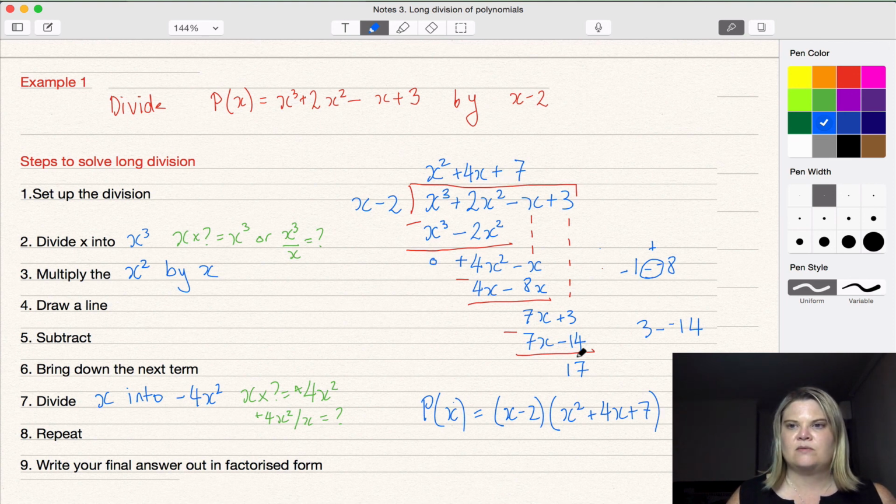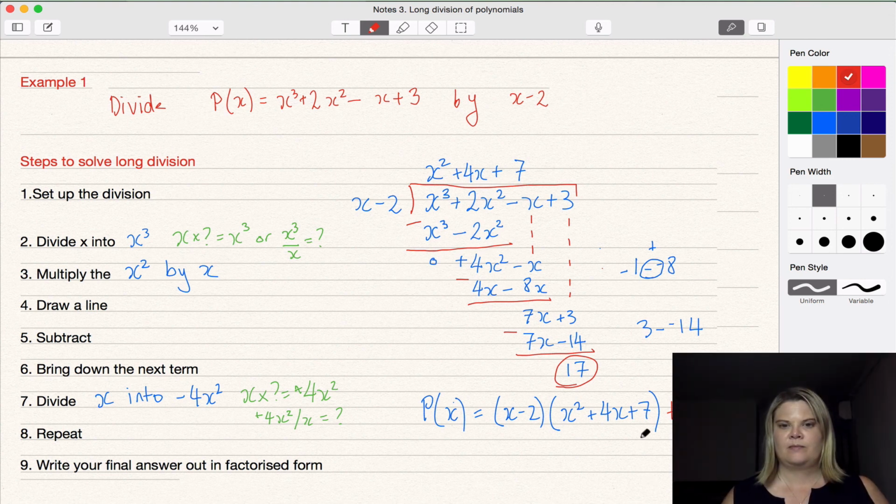And we need to remember the remainder, which is here. The remainder is the one left at the very end. We just put a plus 17 on the end for the remainder. And there we have it. Our polynomial has been factorized.